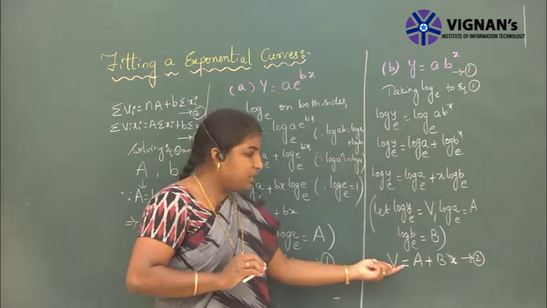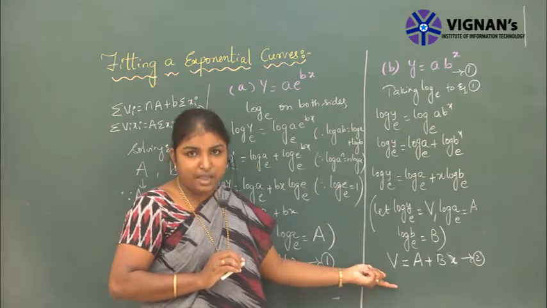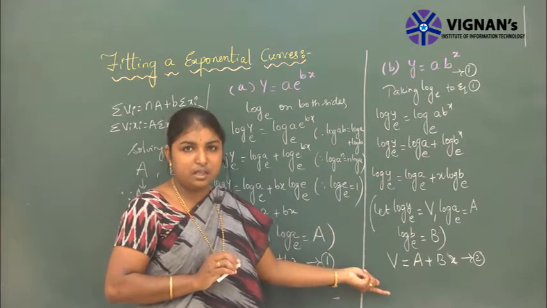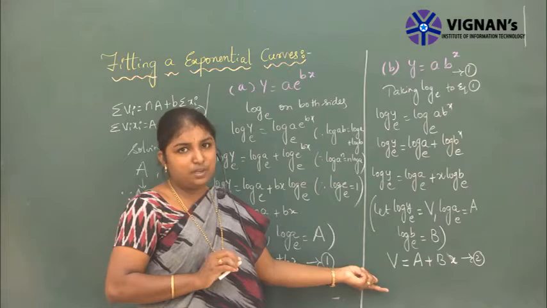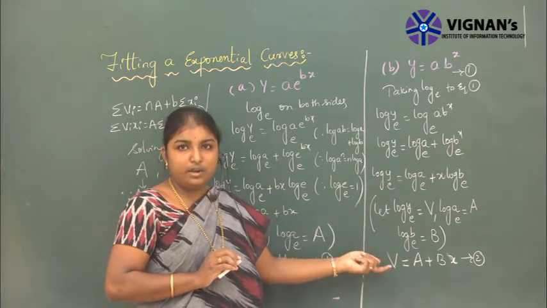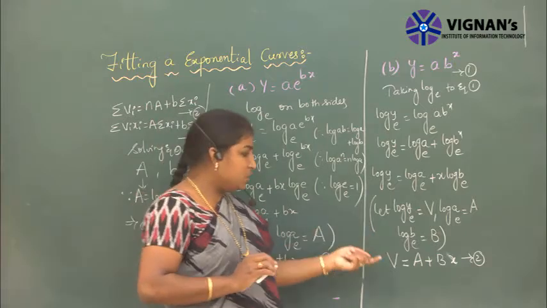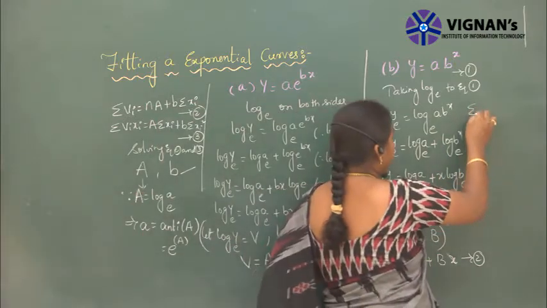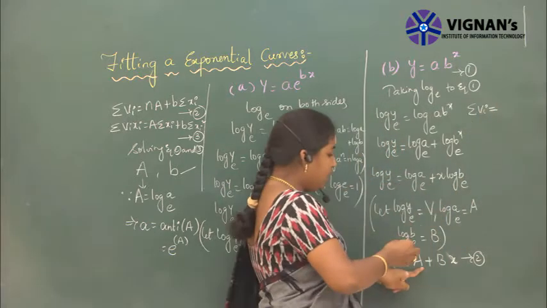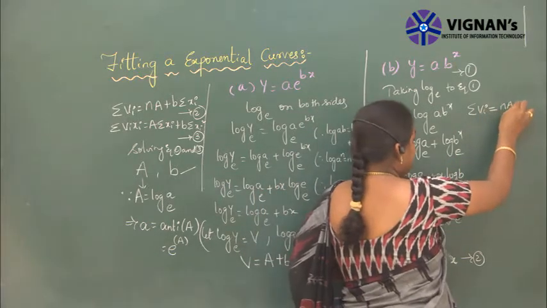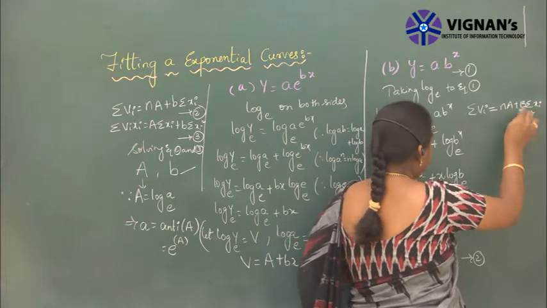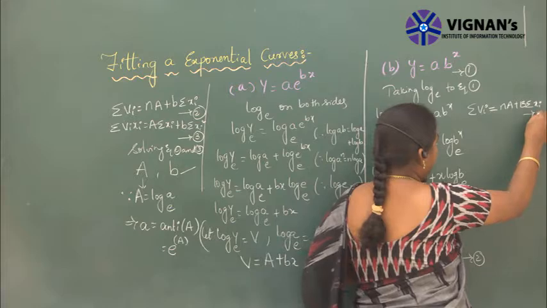Now equation 2 is in the form of a straight line equation. We know how to fit a straight line by using the method of least squares, so using that method we want to write down the normal equations. The two normal equations are: summation Vi equals N a plus B summation Xi, let this be equation 3.